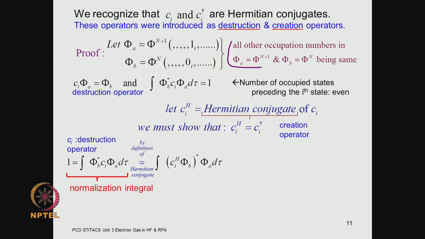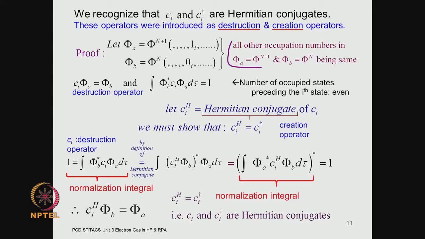So, you get C I H phi B complex conjugate phi A, and this integral is nothing but the complex conjugate of the integral of the corresponding complex conjugates. So, you have the phi A star and then the C I H phi B, and this is the corresponding normalization integral, and this tells us that this C I H operator must be nothing but C I dagger. So, we know that what were introduced as creation and destruction operators are actually Hermitian conjugates of each other.